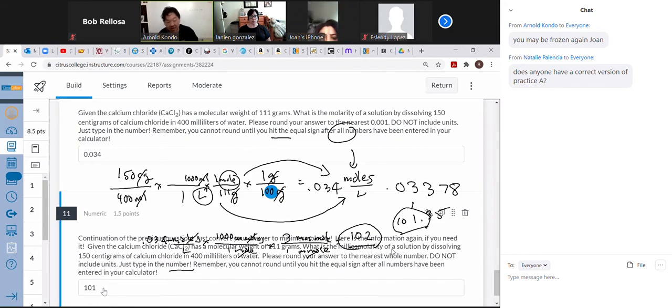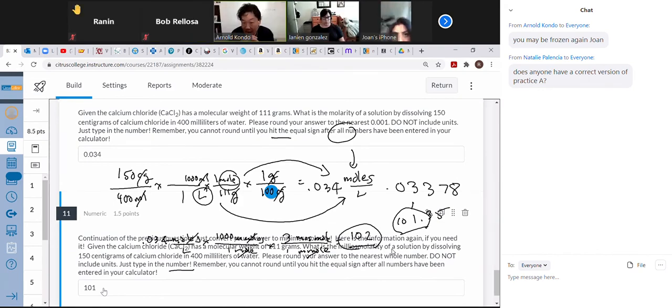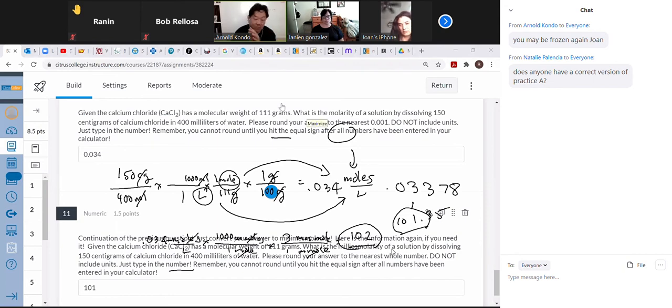So as long as you put down 99 to 103, you'd get it right. There is a range to take into account minor rounding errors, but your rounding can't be so aggressive that you are out of my range. And remember, all the questions will say you can only round at the end of your computations. You cannot round every step, or the range would be very, very broad. Okay, so just FYI there.